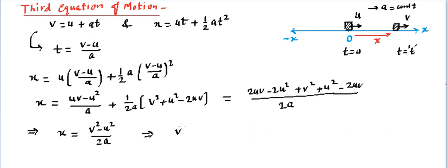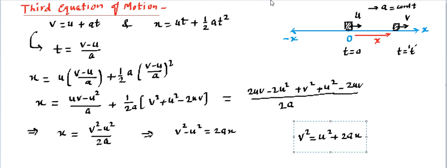If you want, you can rearrange it like this: v square minus u square is equal to twice ax, which popularly we write in this fashion: v square is equal to u square plus twice ax. So that's called the third equation of motion. Now you see, this third equation of motion is not special or different.